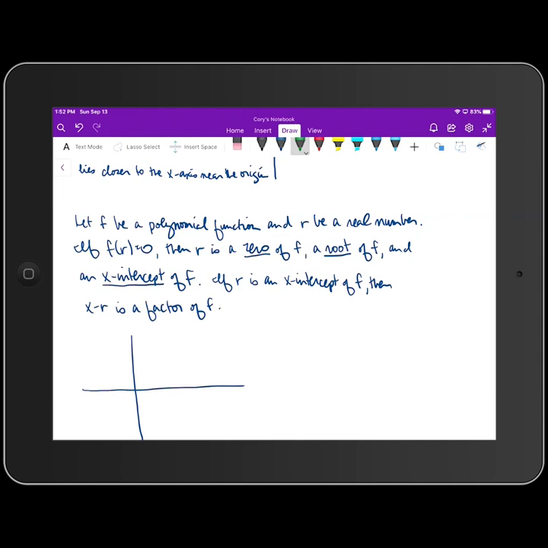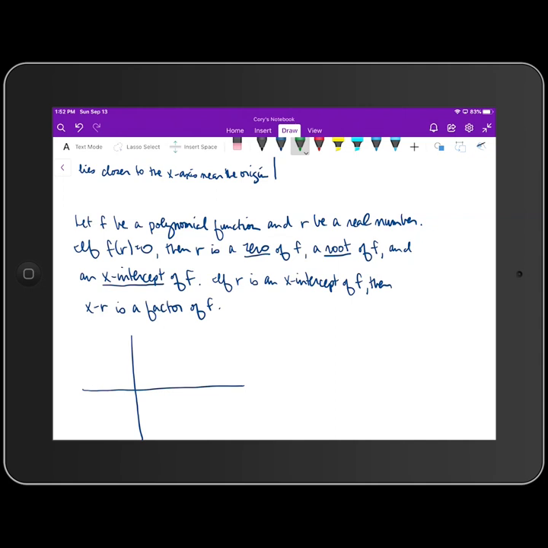And if r is an x-intercept of f, then x minus r is a factor of the function f. All right, so again, if r is an x-intercept of the function f, then x minus r is going to be a factor of f.